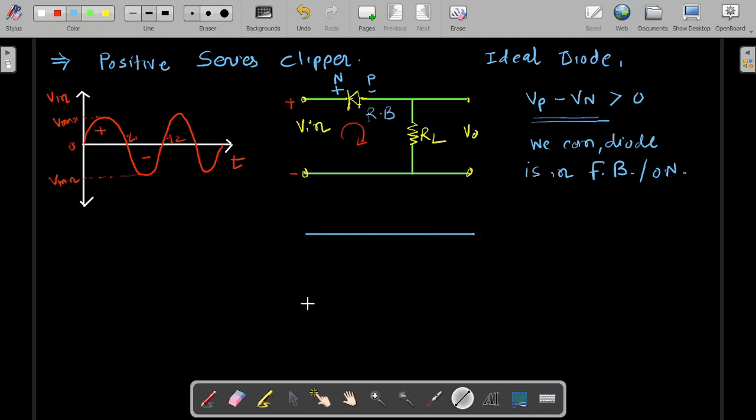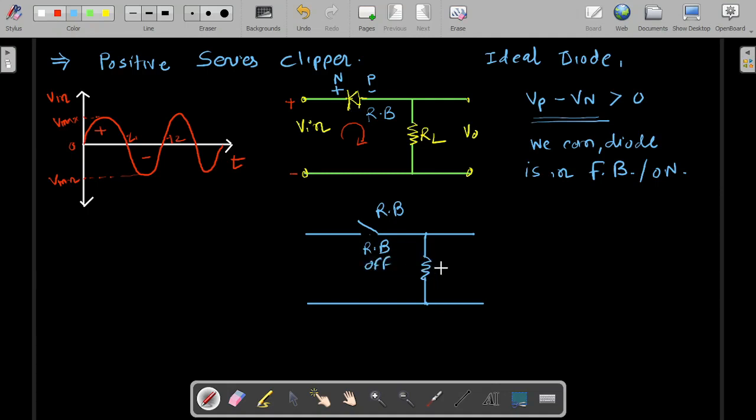If the diode is in reverse bias, the circuit is open circuited, so current will not be able to flow in that part. If I redraw this, the diode is in reverse bias, so this will be open circuited. The diode will switch off.